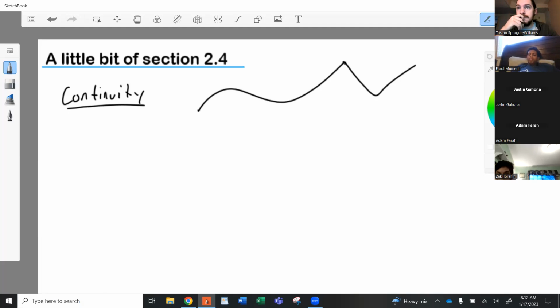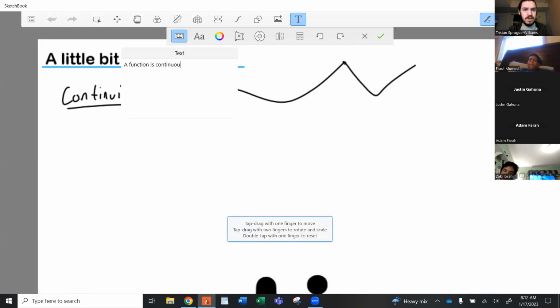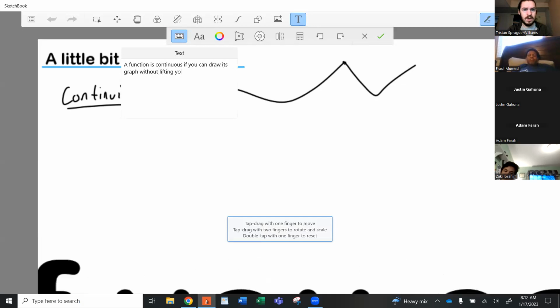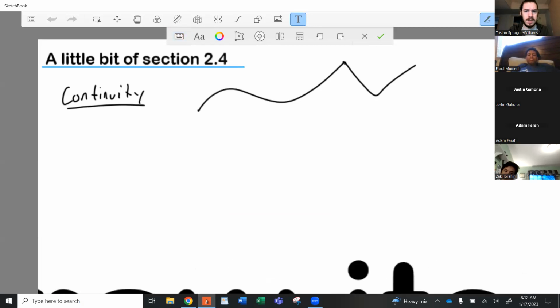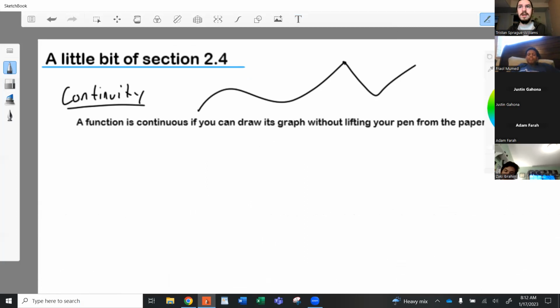Informally, so this is not the strict definition, a function is continuous if you can draw its graph without lifting your pen from the paper. But a formal definition for it involves the concept of a limit.